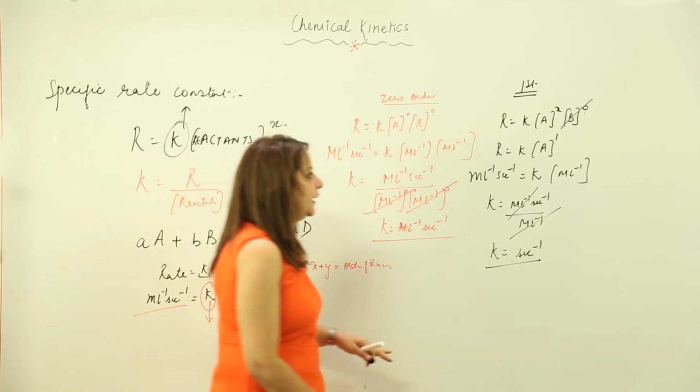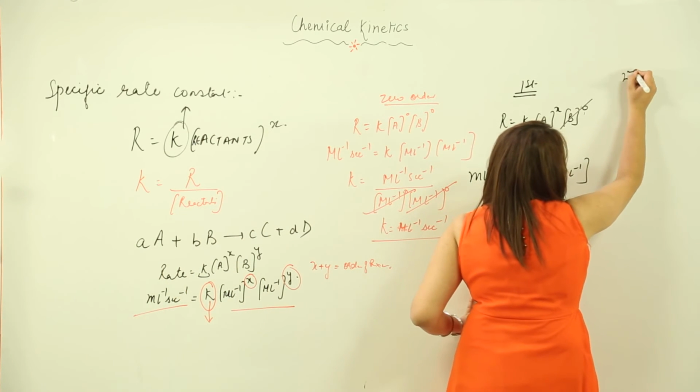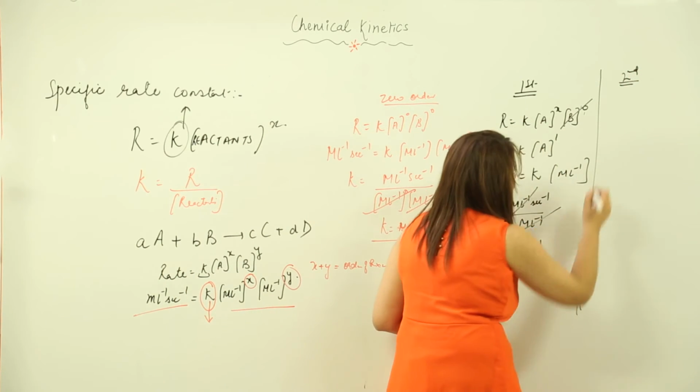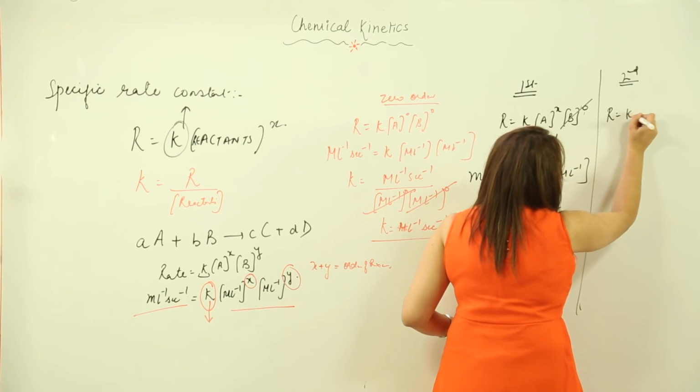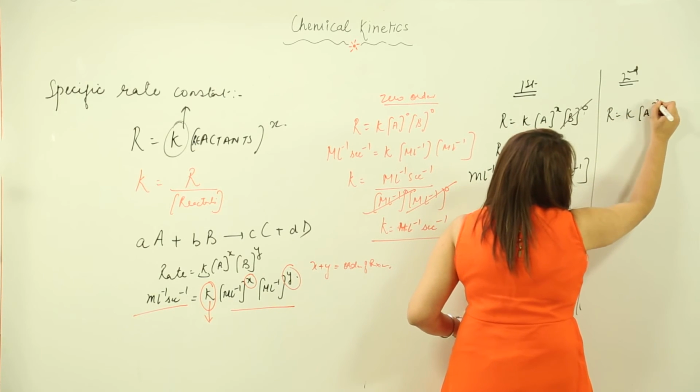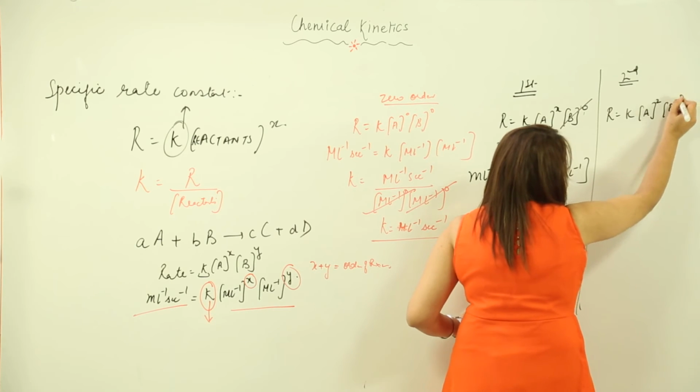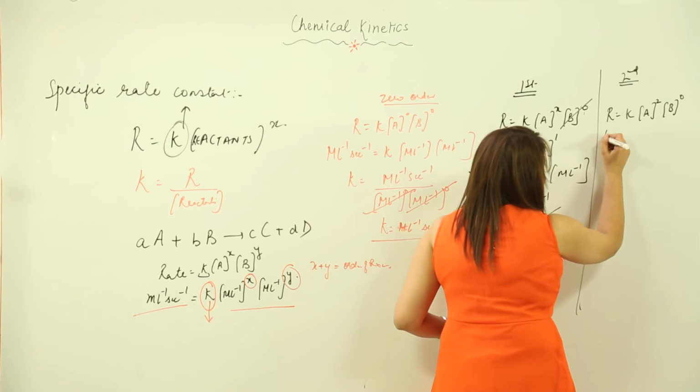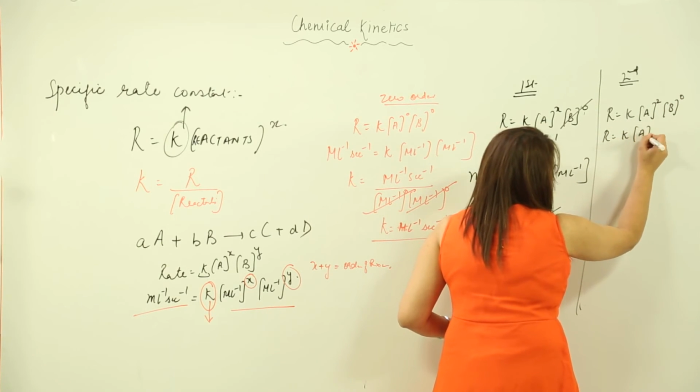Similarly, we take second order. Suppose I am taking B as 0, so only A is contributing. I'll write the units.